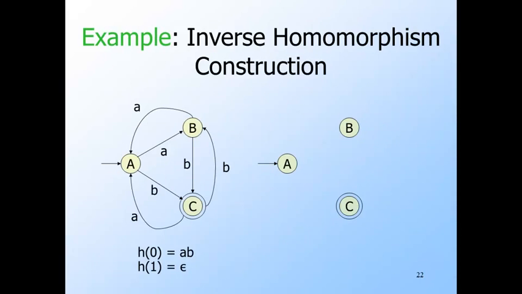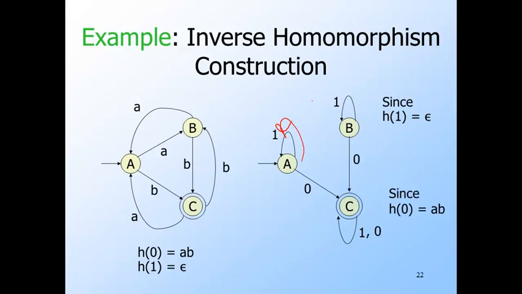Here's an example automaton, and we'll use the same homomorphism we've been playing with all along. Since H of 1 is the empty string, each state of the automaton for the inverse homomorphism will transition to itself on 1. That's what these transitions, for example, are suggesting. For transitions on 0, we need to figure out where the original automaton goes on AB.